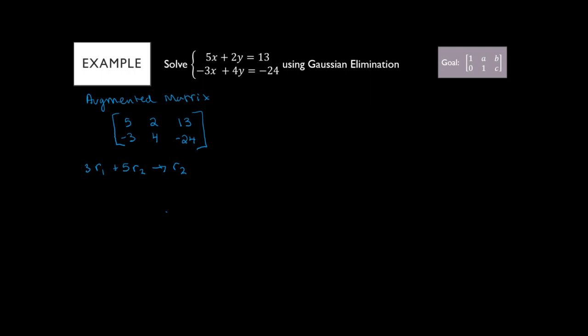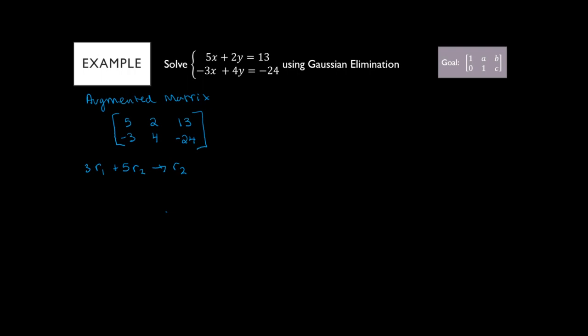I will do my actual work sort of on the right, because you could just do this all in one step as long as you've got your calculator: 3 times 5 plus 5 times -3, and then replace that number. Or you can do it step by step and make sure you multiplied everything together.